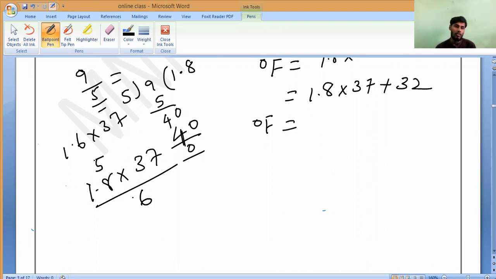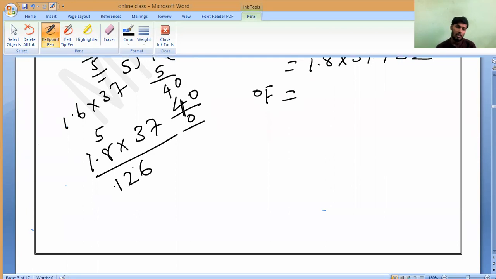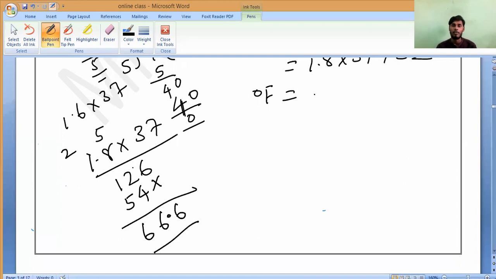So 6 will be here, 5 will be carried. 7 1s are 7, 7 plus 5 is 12. Next, 8 3s are 24. 4 will come, 3 1s are 3, 3 plus 2 is 5. So 666, again we get 66.6. So 66.6 plus 32 if we add, which equals how much?